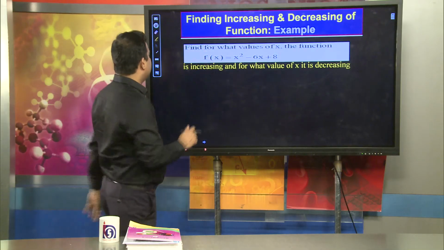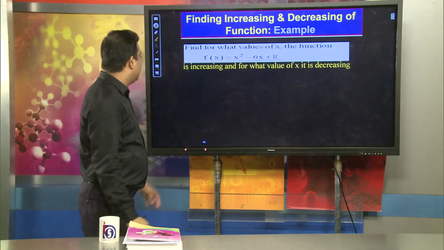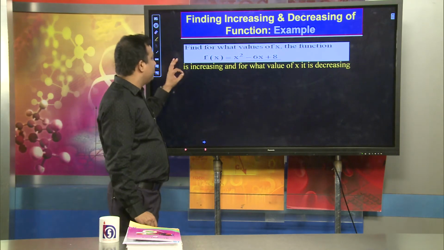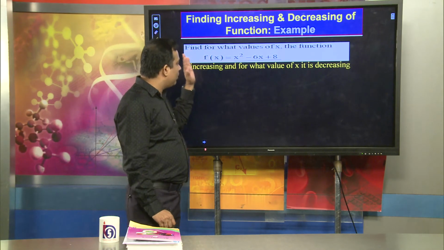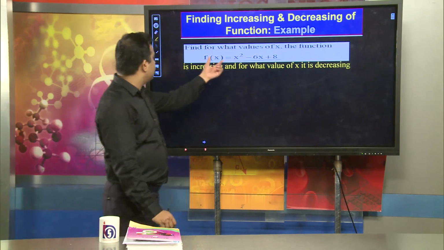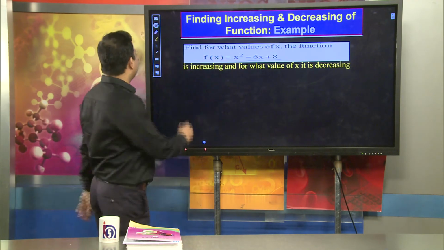Suppose the function is given as x square minus 6x plus 8. Suppose this is the function f of x equal to x square minus 6x plus 8.